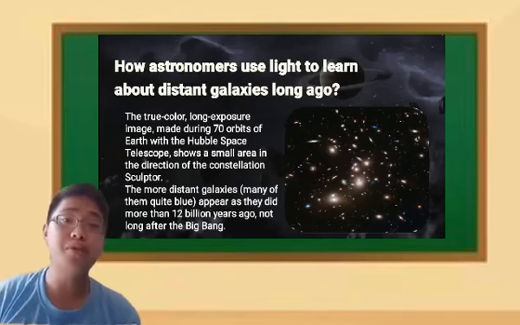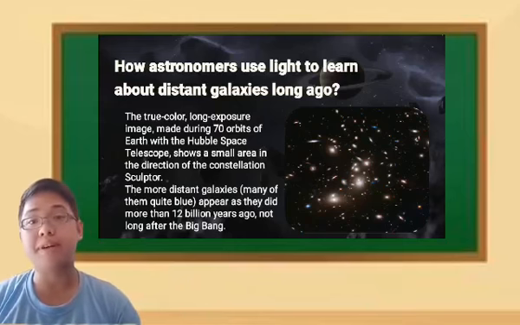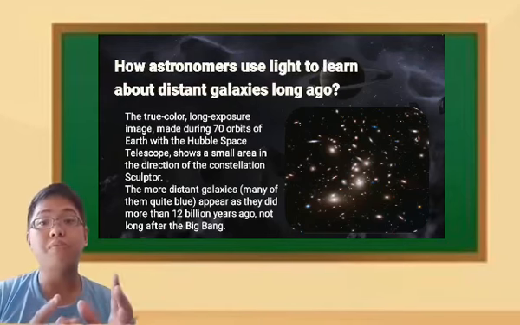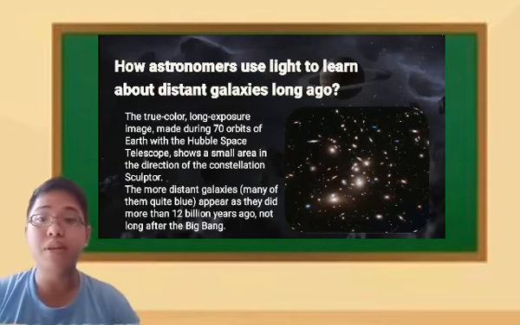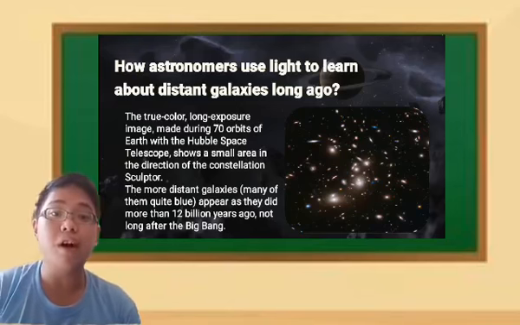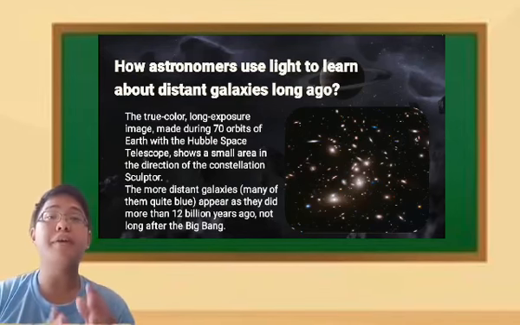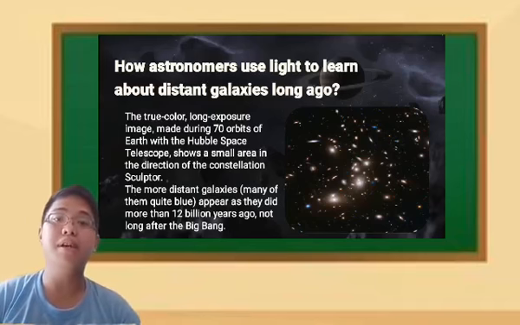Next, how do astronomers use light to learn about distant galaxies long ago? As you can see in the picture on the right side, that is what the telescope captured. This is a true color long exposure image made during the 70th orbit of the Earth with the Hubble Space Telescope. This is the instrument used by the astronomers.